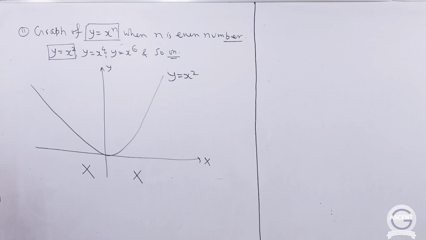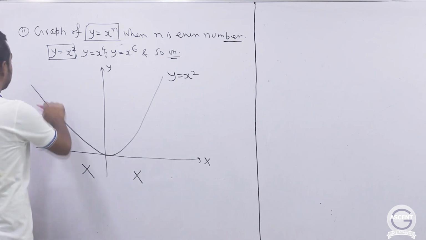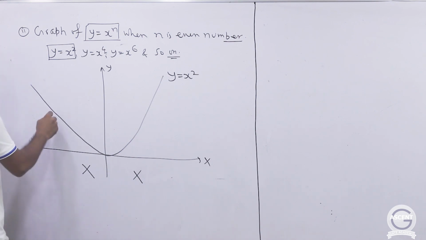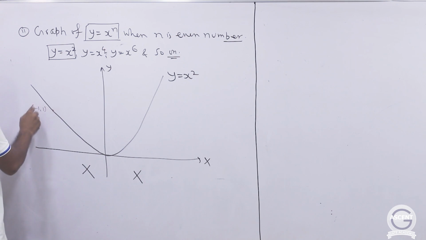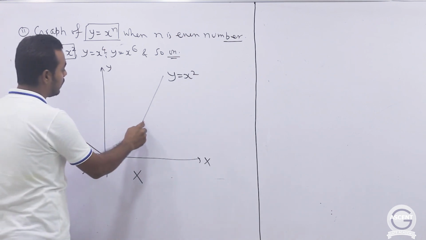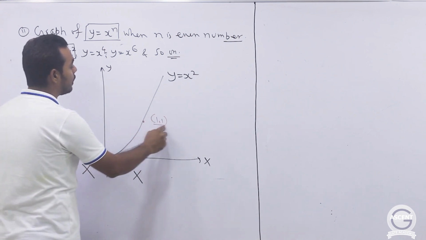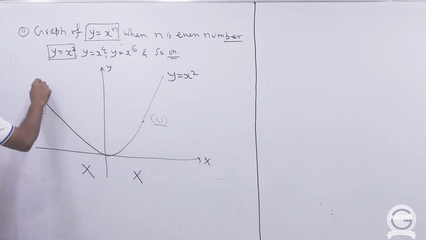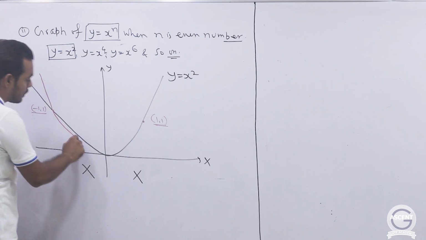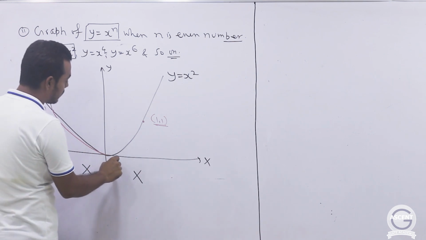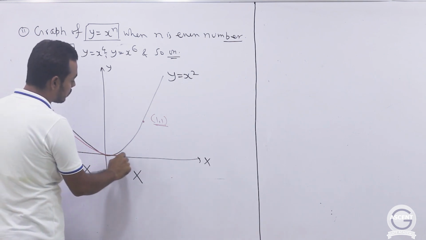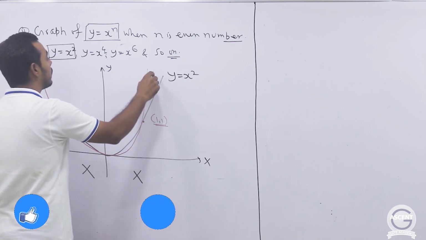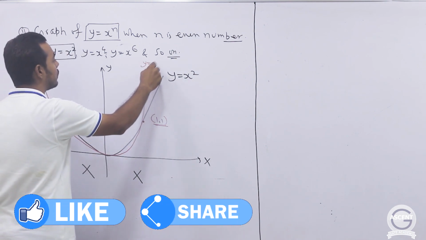Again, these two graphs, x square and x to the power 4, will have a similar nature, except that suppose this point is x minus 1, y plus 1, and here this point is x plus 1, y plus 1, then the graph of x to the power 4 will be something like this. This is your graph of y equals x to the power 4.